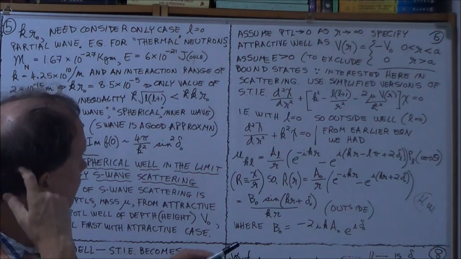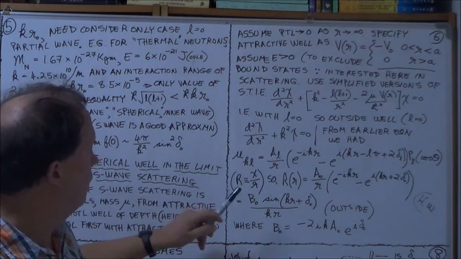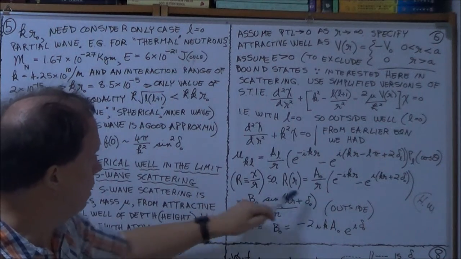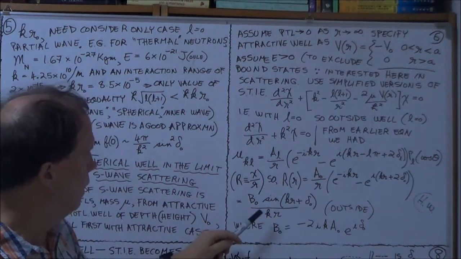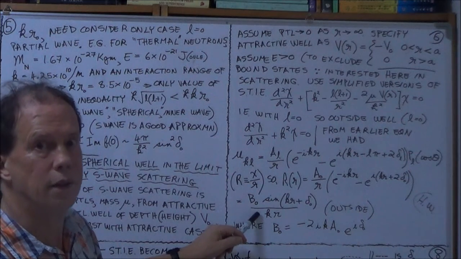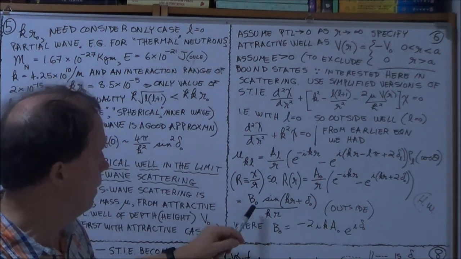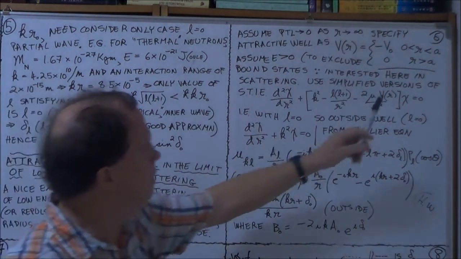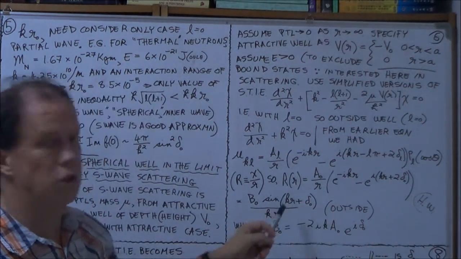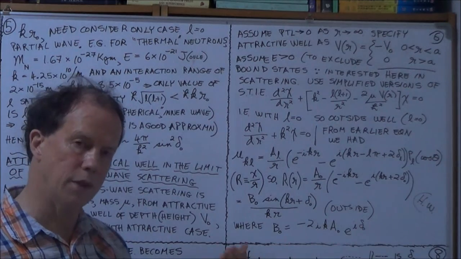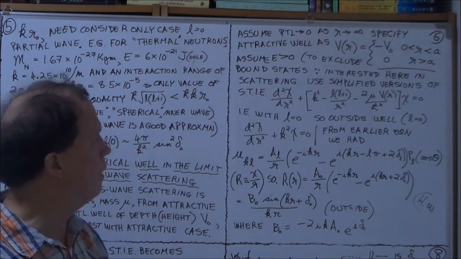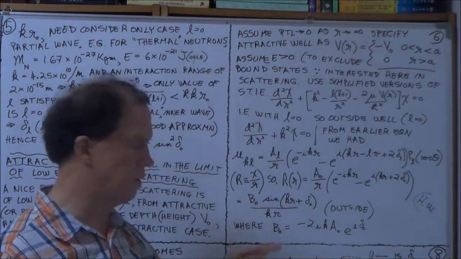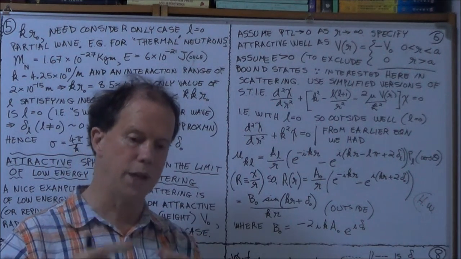So what we've done: we now have an equation for a partial wave when L is 0, a wave function that exists outside the potential region, the well, and we'll do it again inside. In this region we'll get two equations, and then we match again, as we've done many times before. At the boundary, when r equals a, the two wave functions have the same value, and we will match their gradients.